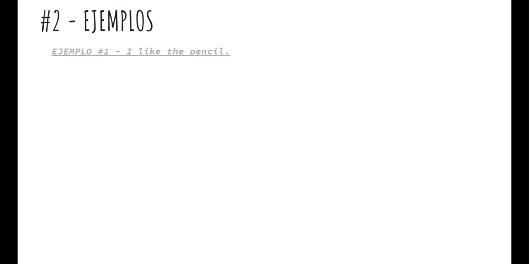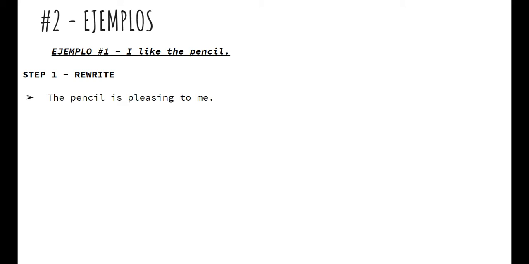So ejemplos. Ejemplo número uno, I like the pencil. So step 1 is going to be rewrite. So the pencil is pleasing to me. Put it in Spanish phrasing. Step 2 is going to be reverse the word order away from our normal subject verb to indirect object, then verb, then subject.